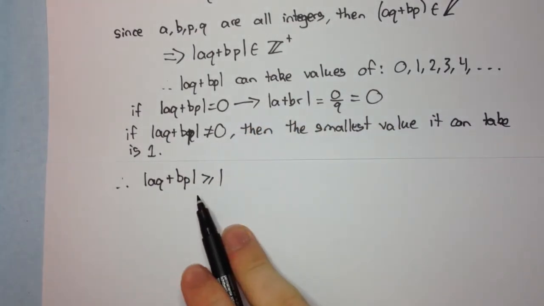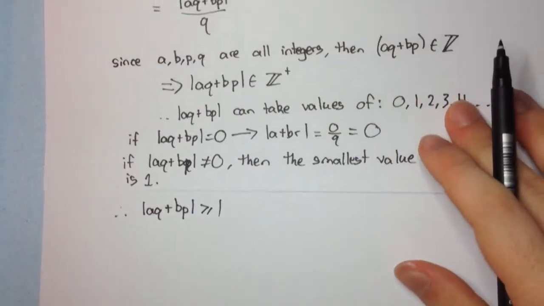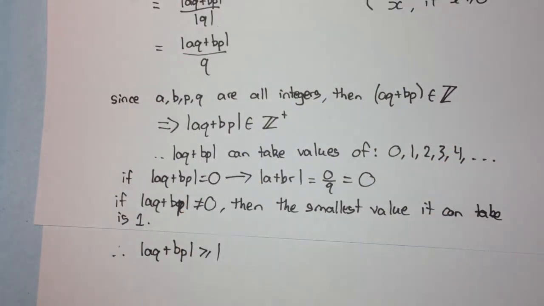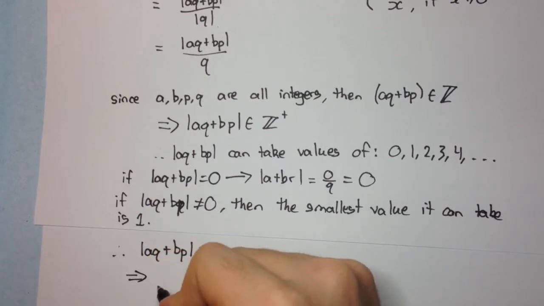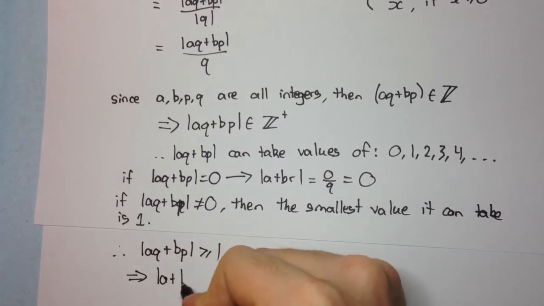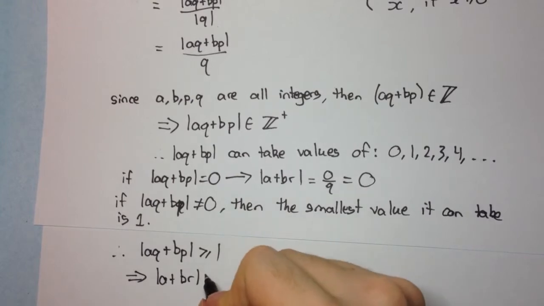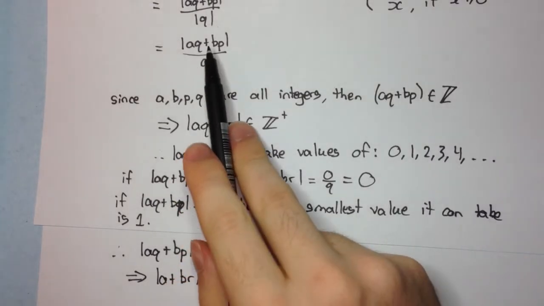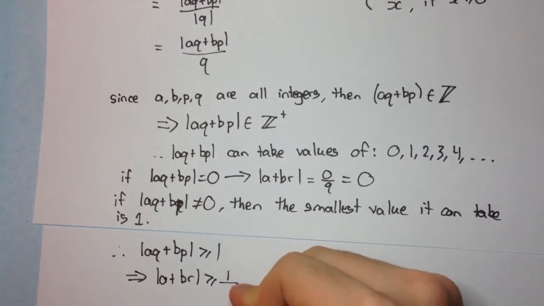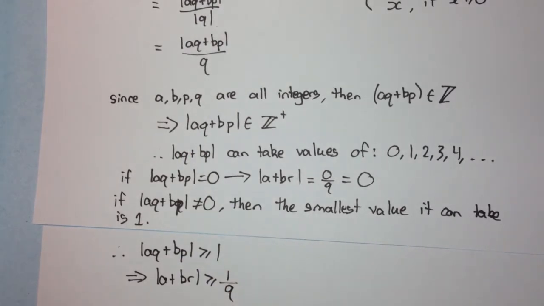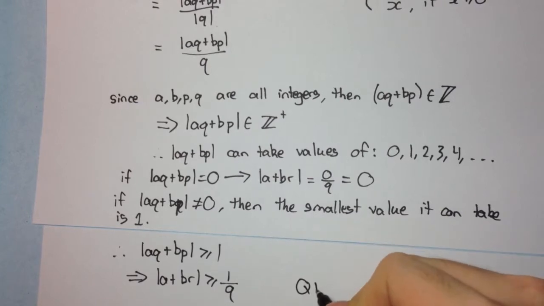Now, if it's greater than or equal to 1, we can go back up here and claim that this gives us that the absolute value of A plus BR is going to be greater than or equal to, now this here we're saying is greater than or equal to 1, so it's going to be greater than or equal to 1 over Q. Okay? And so we've shown the 2 that we want to show, and we can say QED.